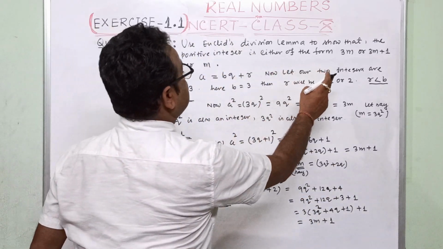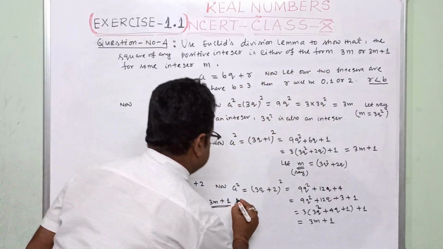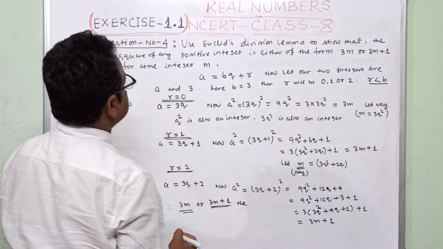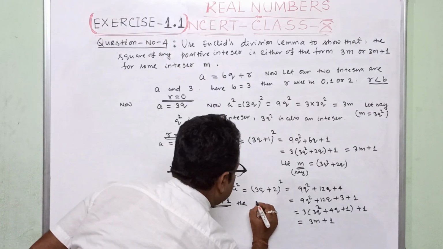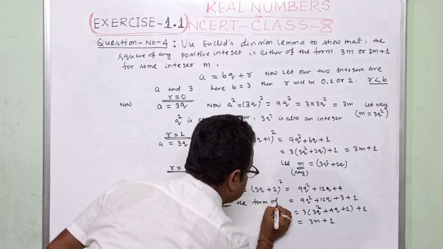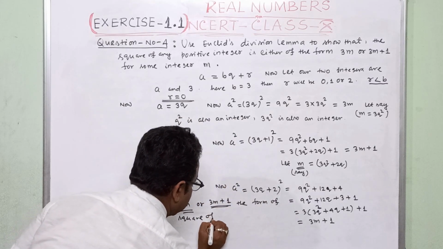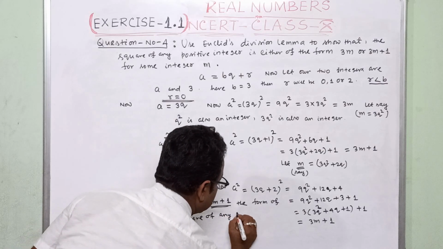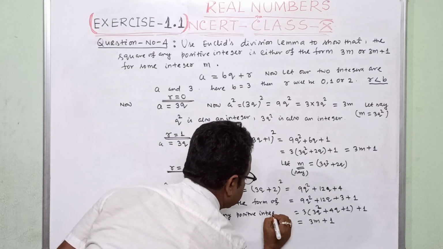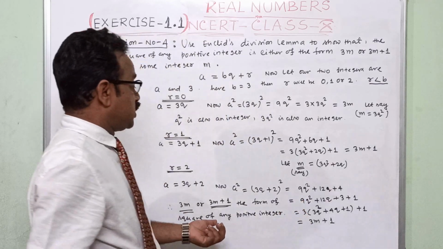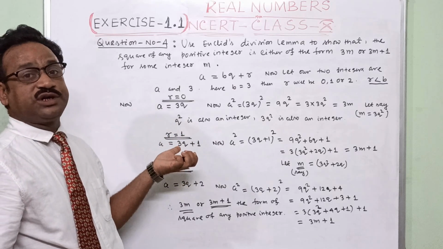So the square of any positive integer is of the form 3m or 3m plus 1. I hope you pause the video and note it down.